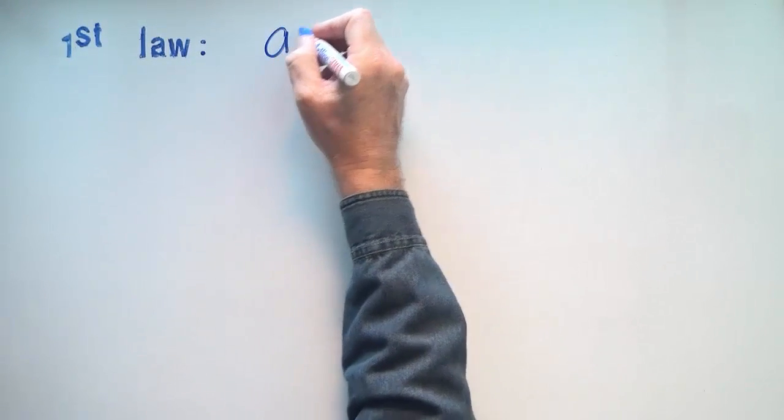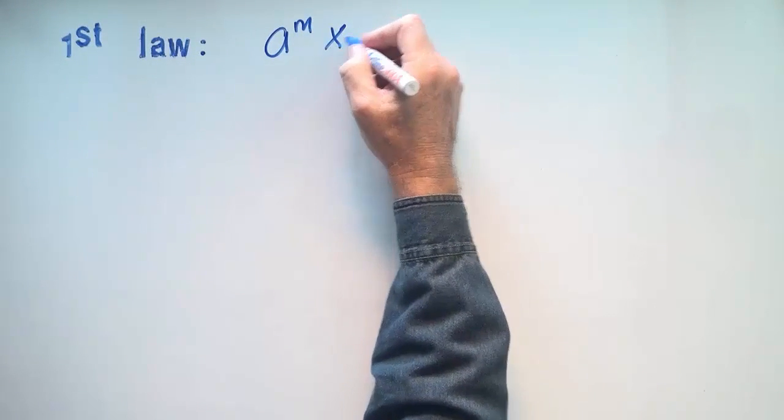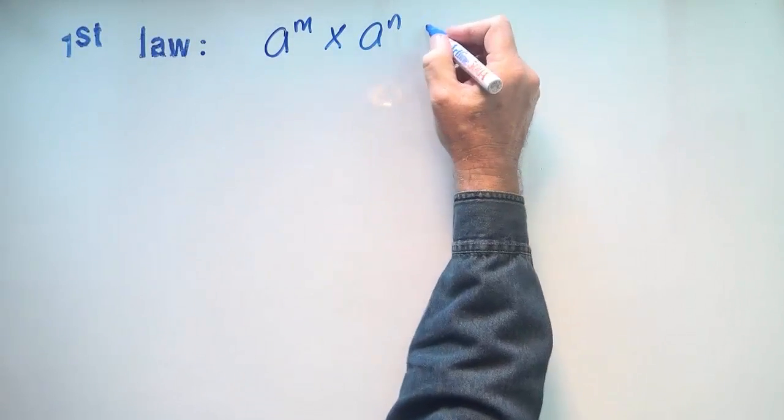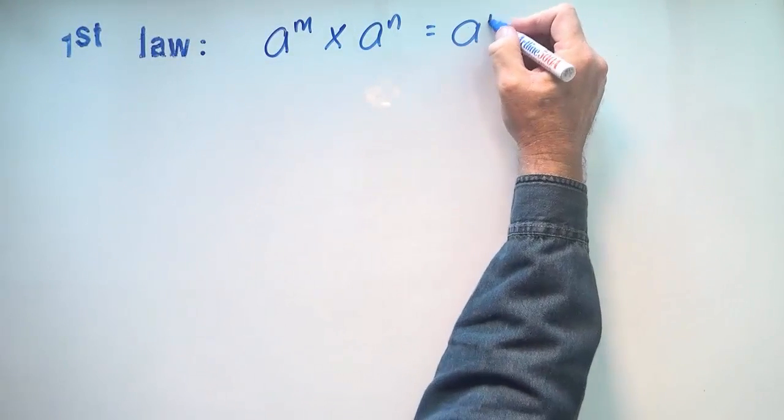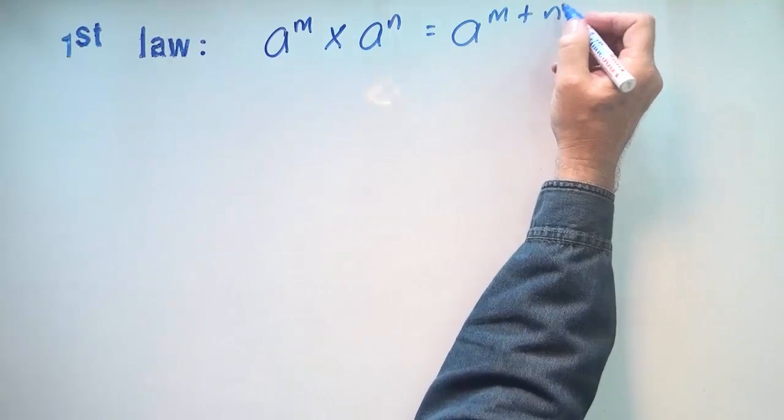Now I'd like to explain the laws of indices. Now the first law is a to the m times a to the n equals a to the m plus n.